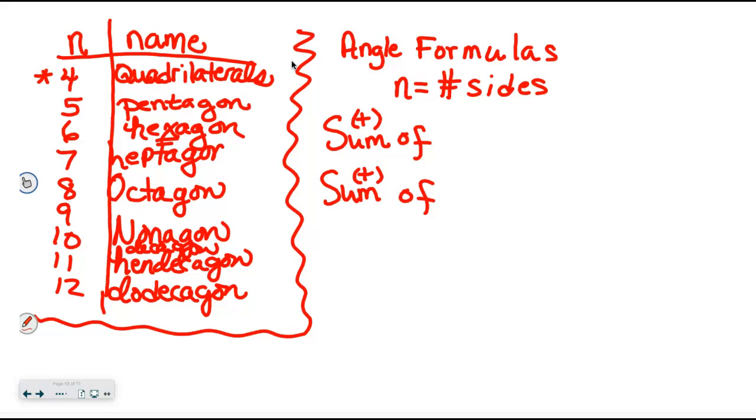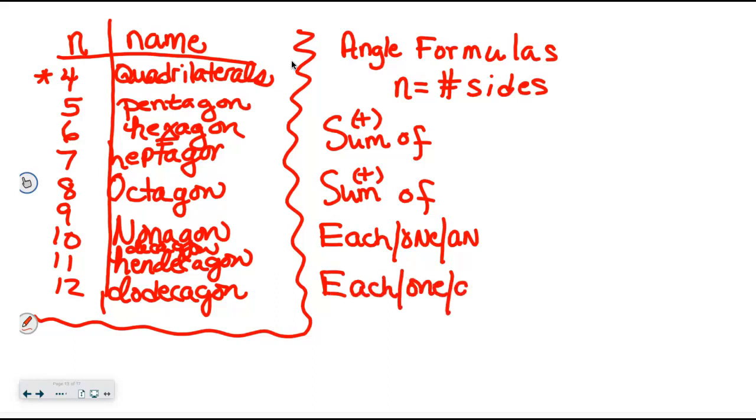And then we have 2 for what each angle is. So we're going to put each. Sometimes they'll say 1 angle, sometimes they'll say an angle, but you're working with a singular angle in or outside of the polygon. And we're going to have 2 of those, so we're going to write that twice as well. Each, 1, or an, whatever they say.